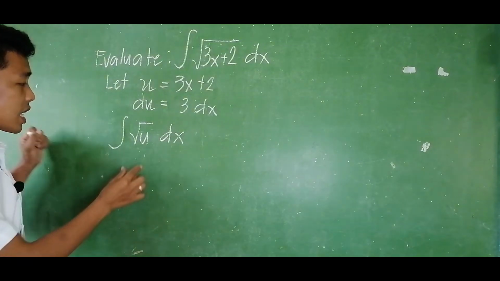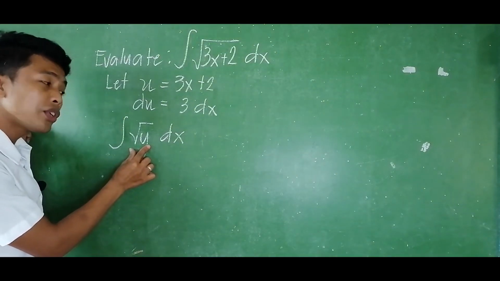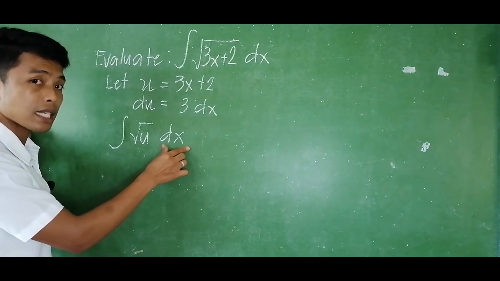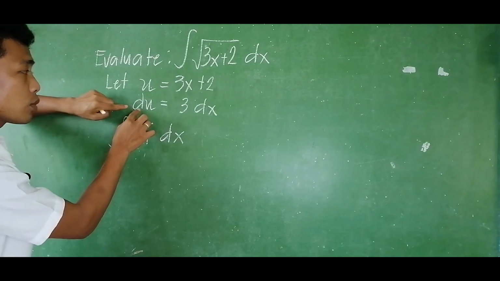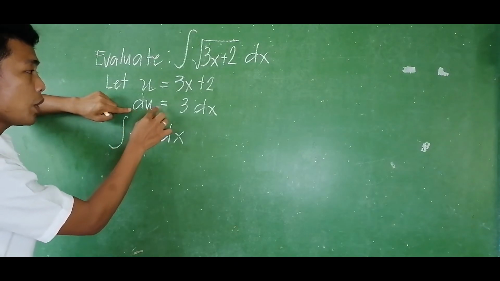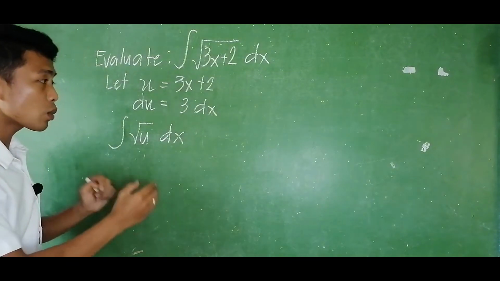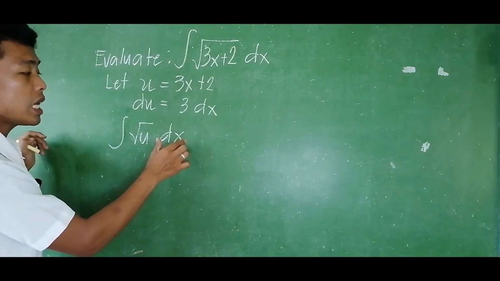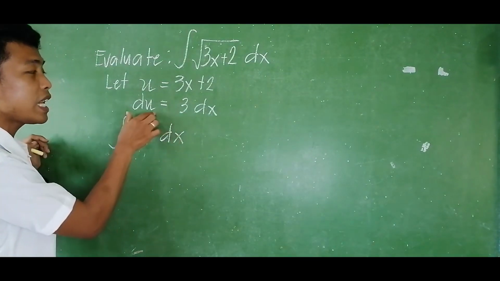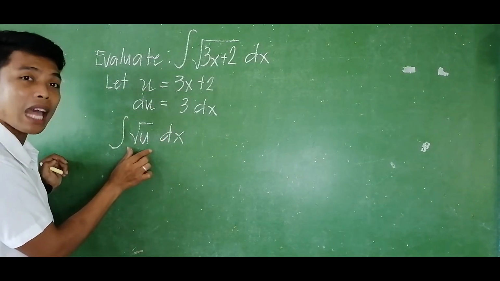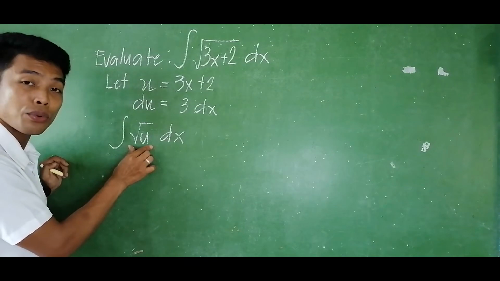However, our variable is u, and what we have here is a derivative of x. So, we can go back to du, which is equal to 3 times dx, so that we can substitute dx by du, because this is what we need to represent our integral of u.